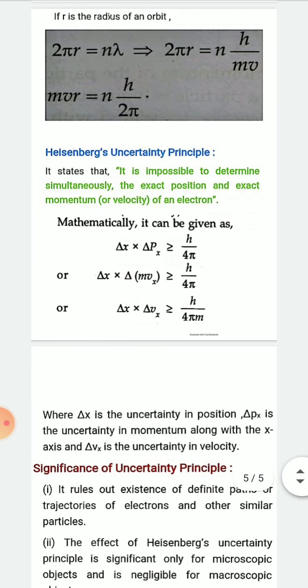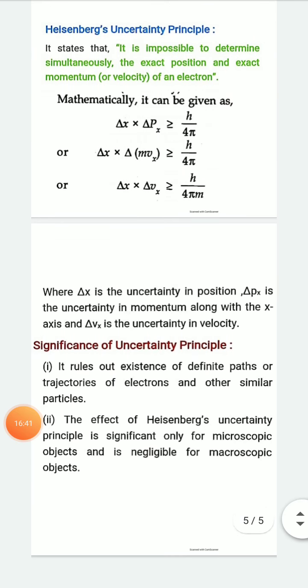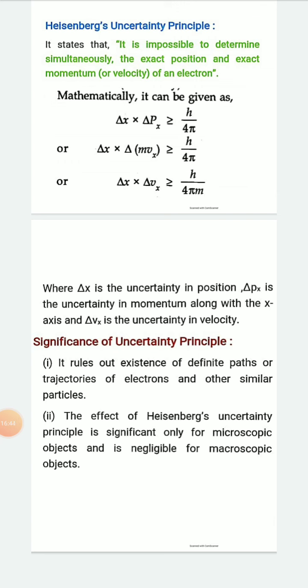Now, Heisenberg uncertainty principle. According to this principle, it is impossible to determine simultaneously the exact position and exact momentum or velocity of an electron or subatomic particles or microscopic particles like electrons.